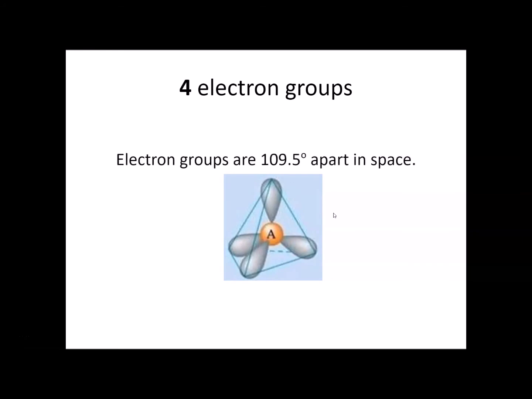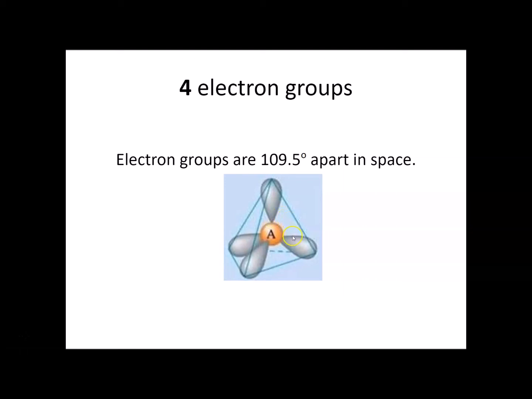But when we get to 4 electron groups, now you need to think 3-dimensionally, and this gets a little challenging. Picture a pyramid that has, instead of a square at its base, a triangle at its base. So if you trace the outline of the base of this shape, you get a triangle. And then there's around that 3 faces.